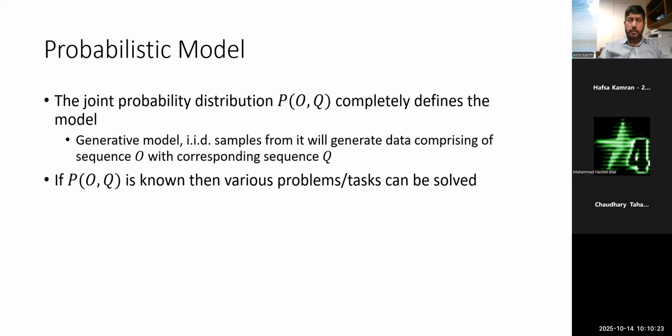The joint probability distribution P of O and Q. If you know it, you can sample from this distribution and generate sequences that will look like the sequences from the data set from which this distribution is learned.